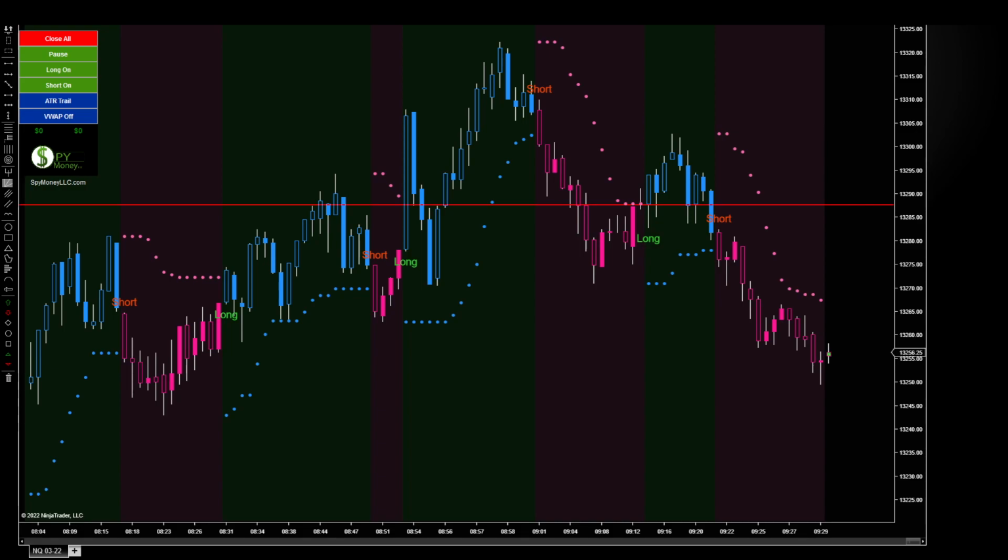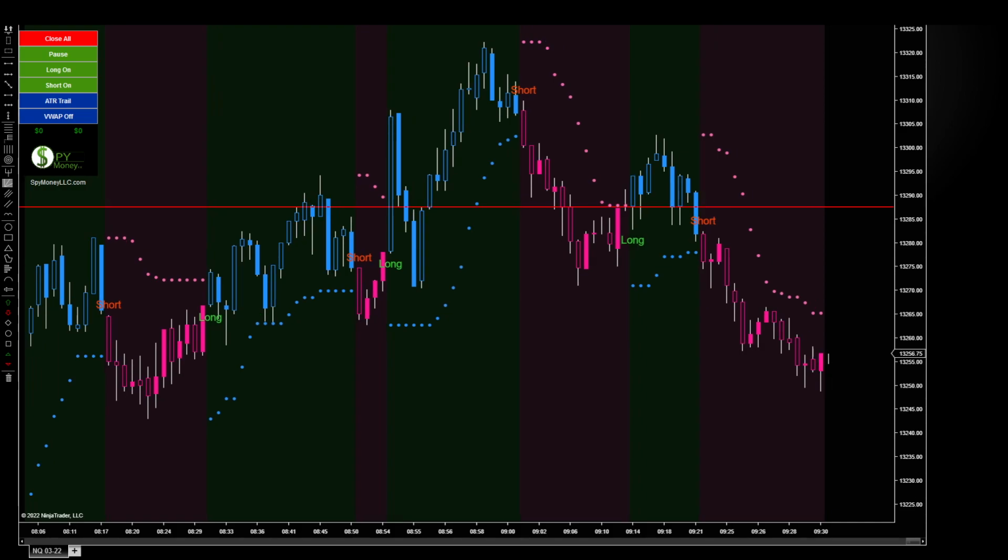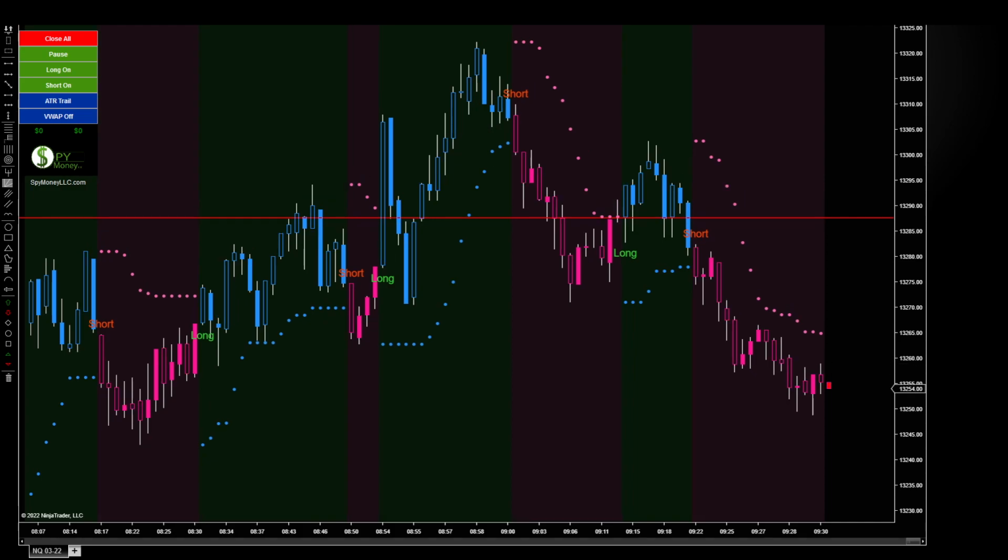We also have other strategies that we run that do very well. This one we run on 4 contracts. I will manually move the stop. Always do that.